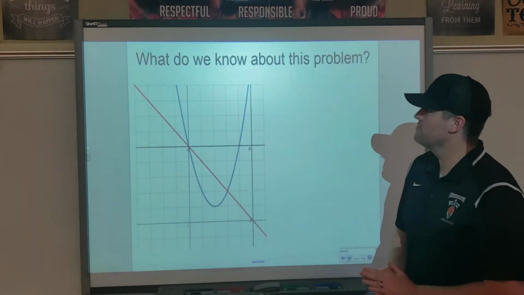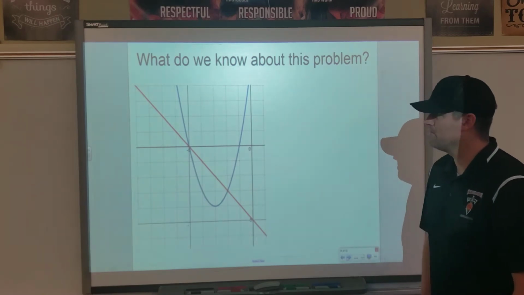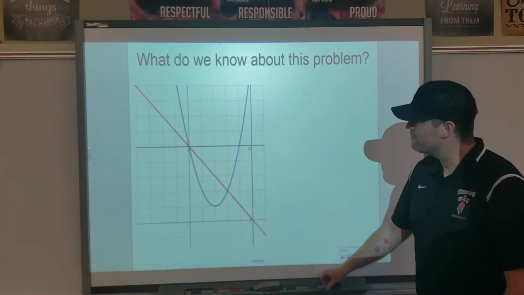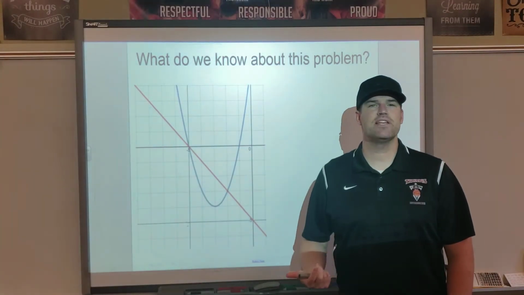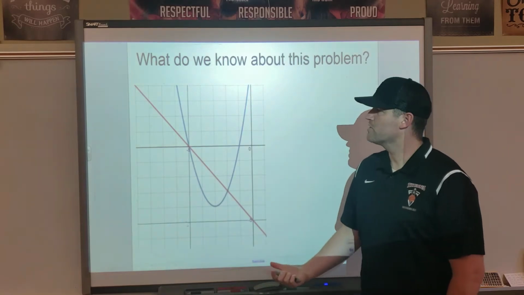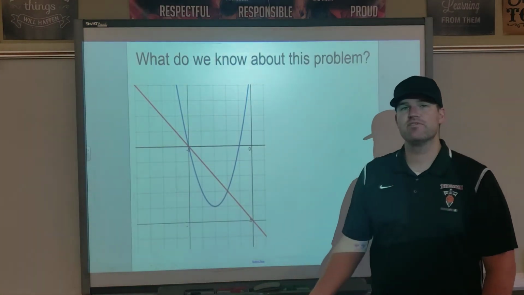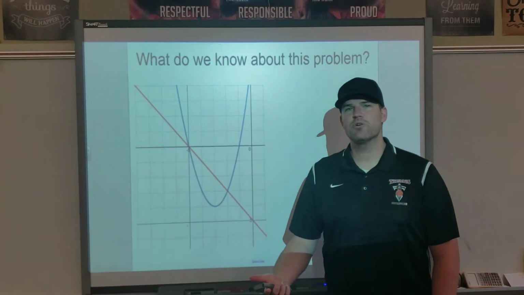So the first thing I want to do is look at this graph and talk about what we know about this problem. Well, the first thing I know is I've got 2 graphs, which means how many equations are there? Well, there are 2. So because there are 2 equations, we could say that this is a system of equations. What are the 2 types of equations?